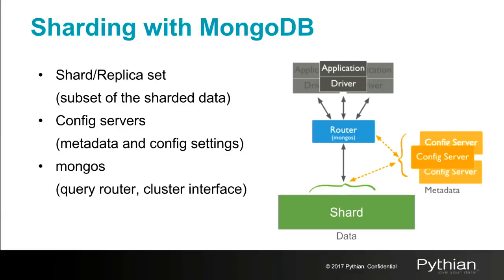The other important part of the sharded cluster are the config servers, and that's where the metadata is stored for the sharded cluster. The third part is the router, or the mongos. That's the interface for our cluster, and all of the operations that go from the application to the sharded cluster should go through the mongos.